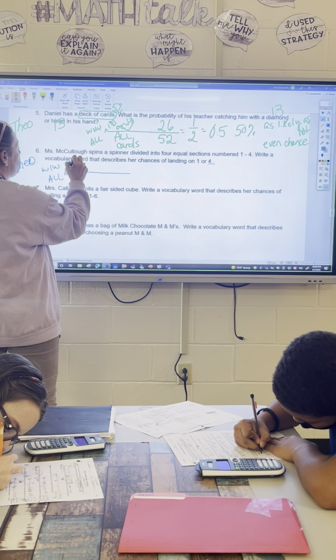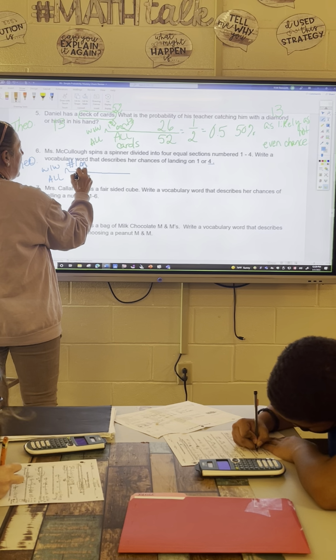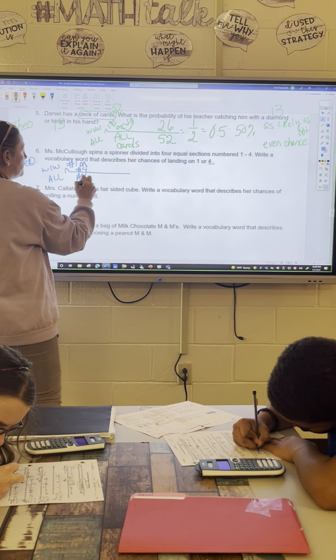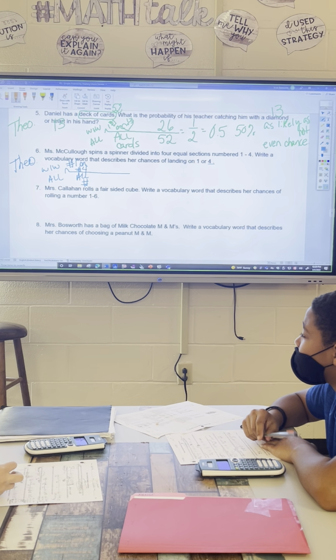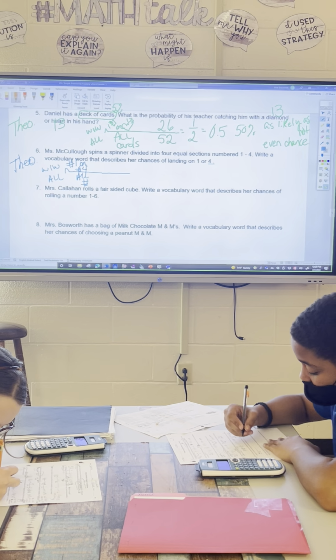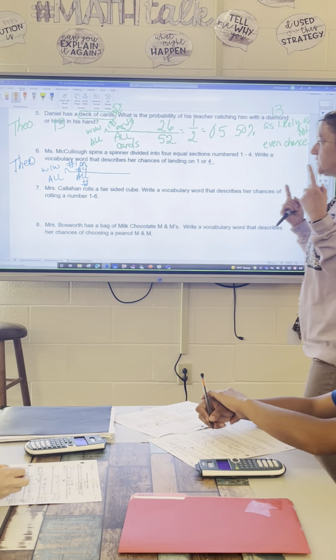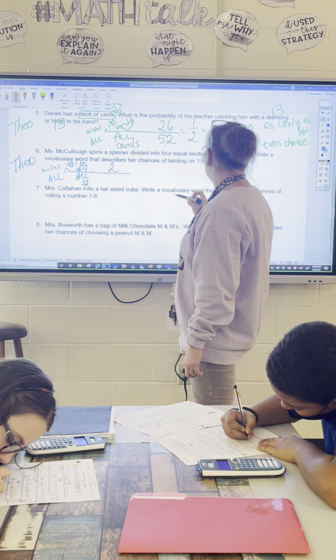I want the number 1 or the number 4 out of all numbers. How many 1s and how many 4s are on there? There's one 1 and there's one 4. So that's 2 numbers out of how many?